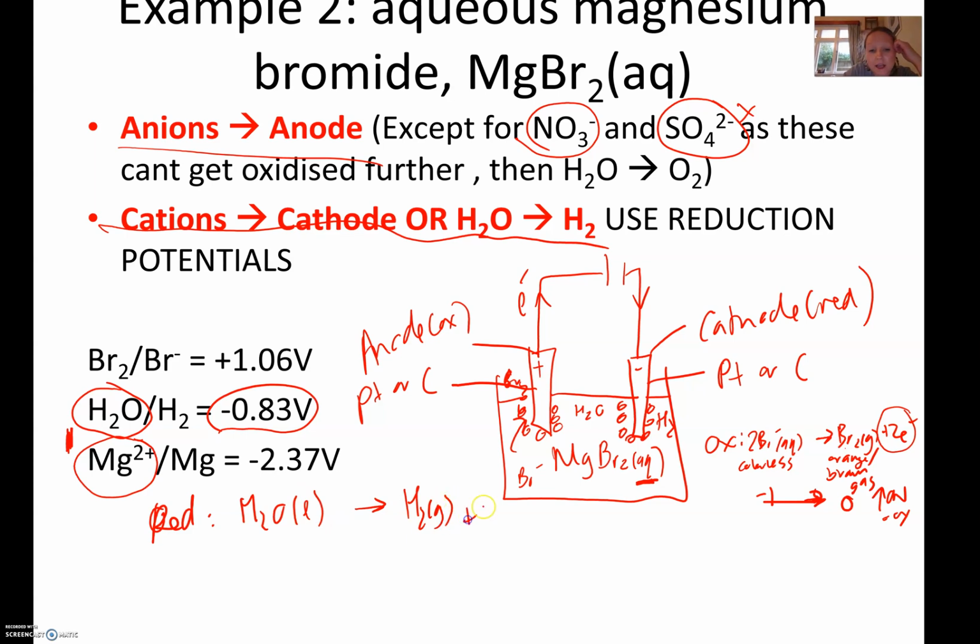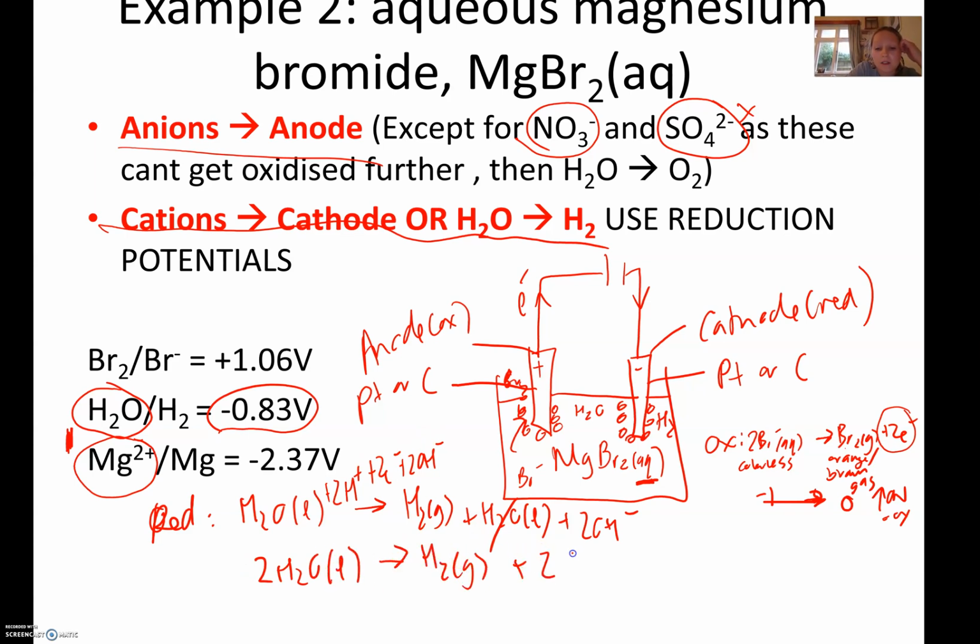Okay, we need to add a water to balance the oxygens. From there we then need to add 2H plus and 2 electrons. We then add 2OH minus to balance, then we cancel out that and those, and it becomes 2H2O liquid going to H2 gas plus 2OH minus aqueous, and that's your half equation.